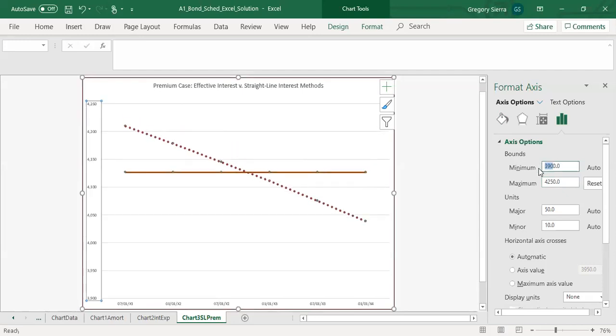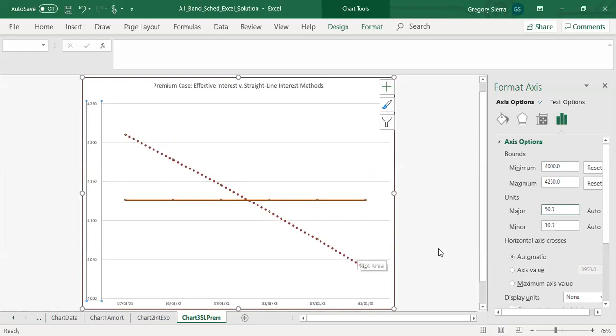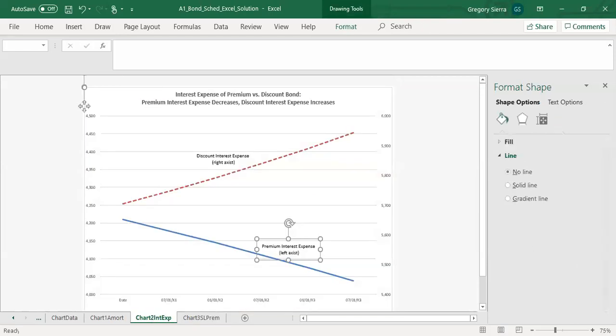I meant to put the minimum of 4,000. There we go. Okay, so it's a little larger. It's taking up the graph, a little easier to see. So that's that one. Now the last one, and then you're home free.